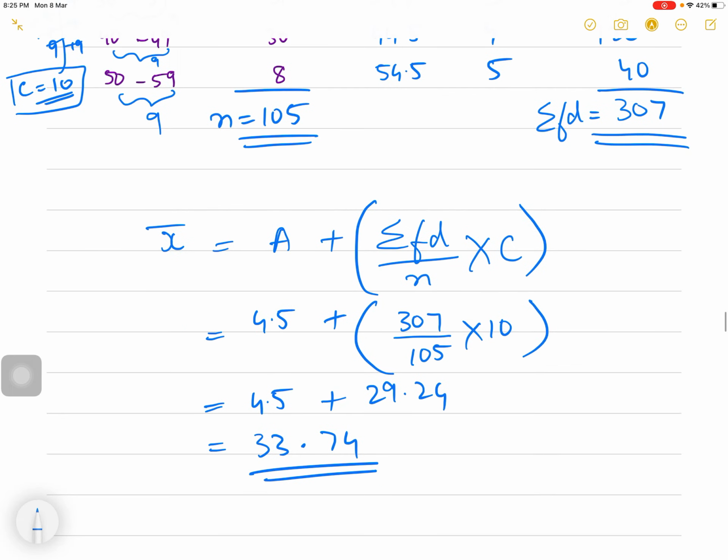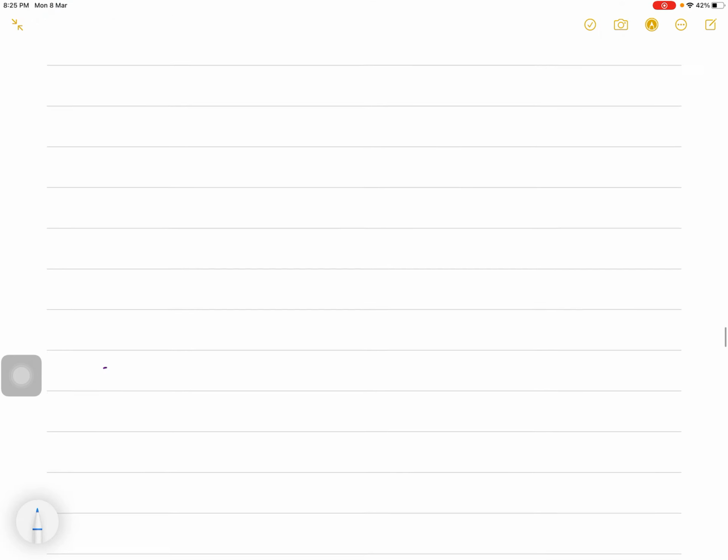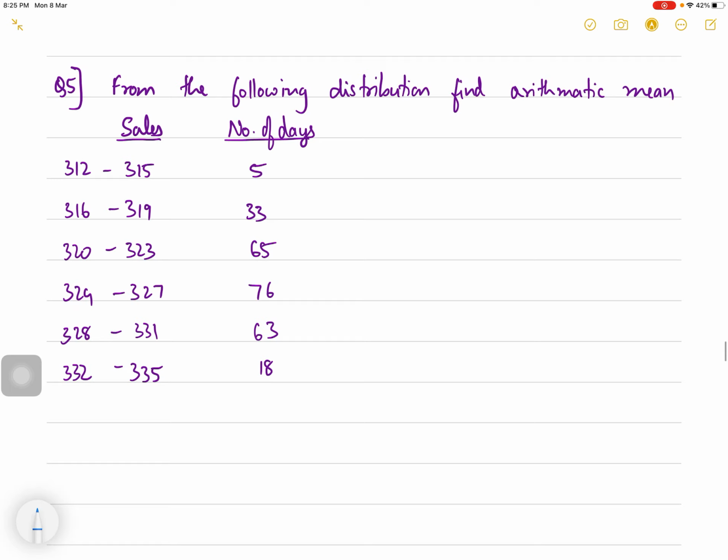Okay, let's see the next problem. From the following distribution, find the arithmetic mean. 312 to 315, 316 to 319. Again, this is an inclusive class.